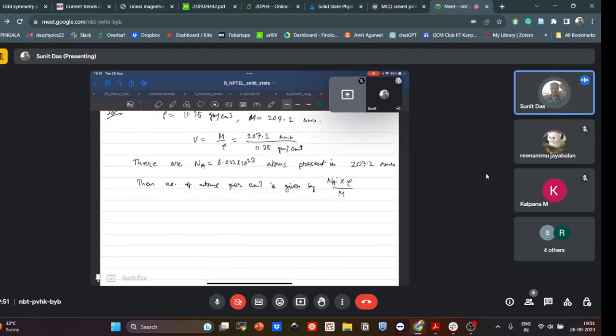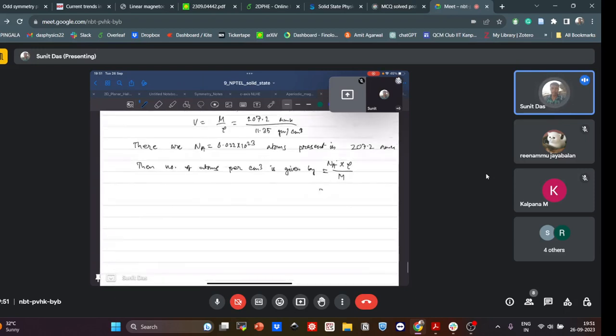So this is the number of atoms, right? If we find the value, it will be around 3.3 into 10 to the power 22 atoms per cm cube.